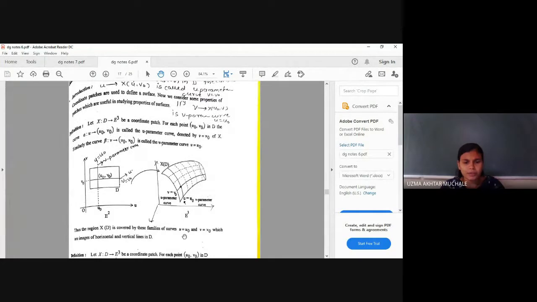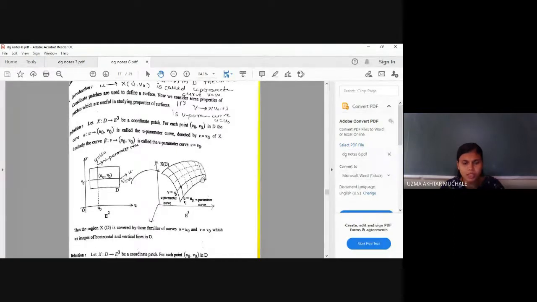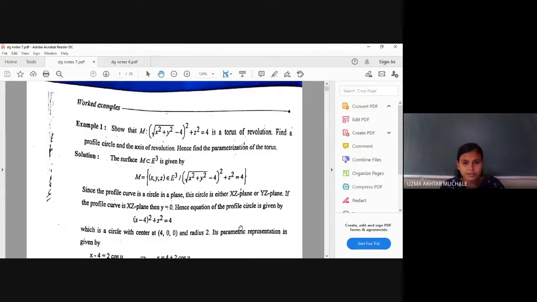So this is what a patch computation is. Okay. So in this patch computation, see clearly that every straight line is converted into a curve. So with the help of all those curves, we are going to construct a surface. So what is a surface? Surface is simply a collection of curves but in a particular manner. So these straight lines are converted into curves, that is the u parameter curve, in which v is a constant, or the v parameter curve, in which u is a constant.